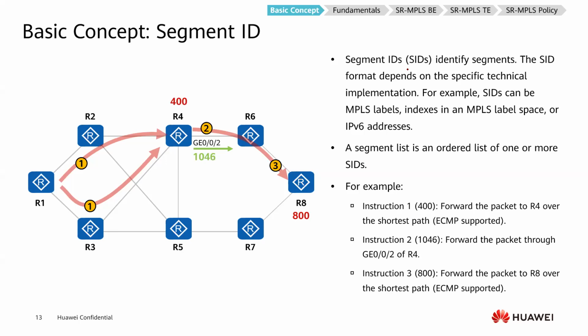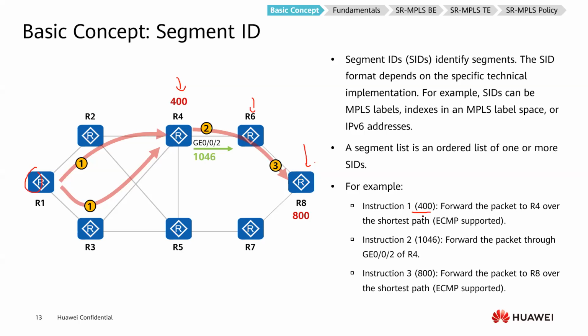This ID is just like a label for SR, like 1000, 10000, 10001, 10002. It's just a number, just a label. For example, I still want to do the same thing: send to R4, then to R6, and then to R8. First, from R1, I want to send to R4, no matter which path is used.